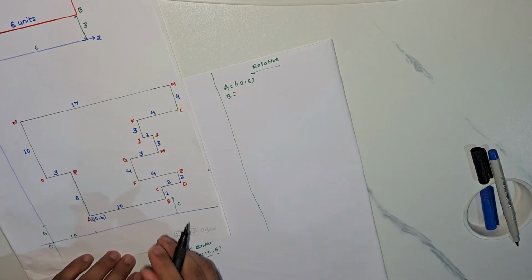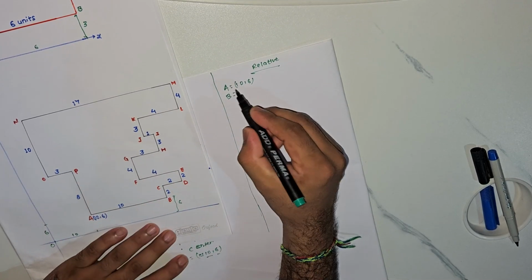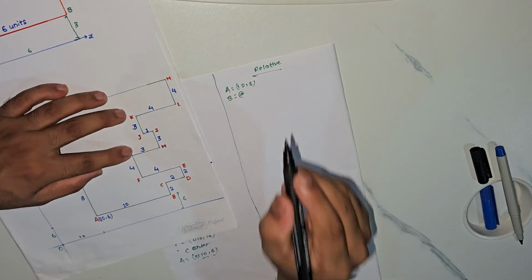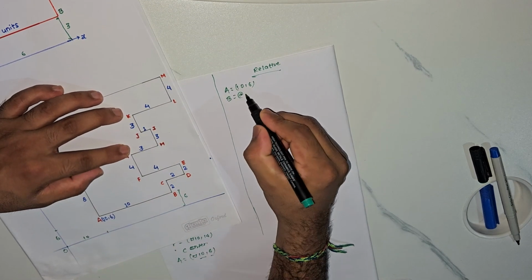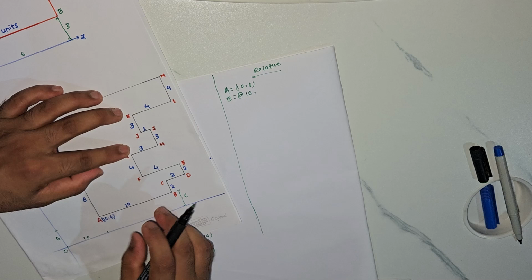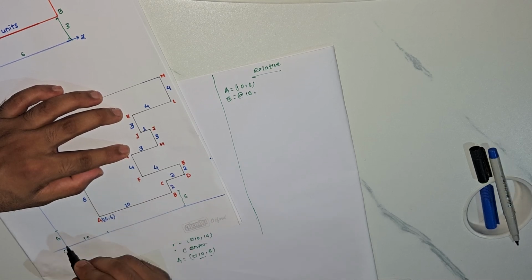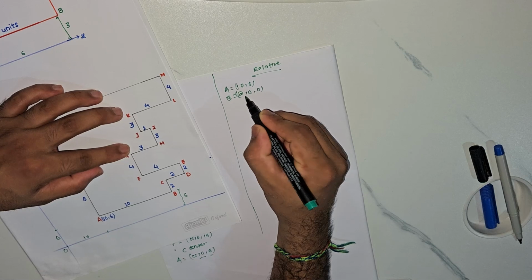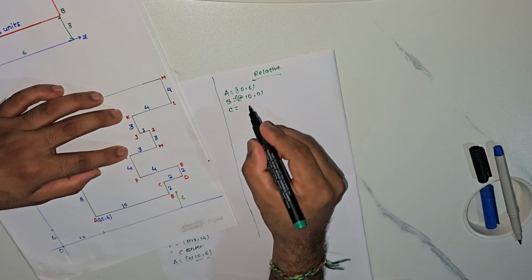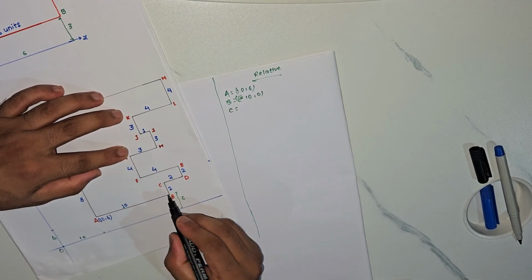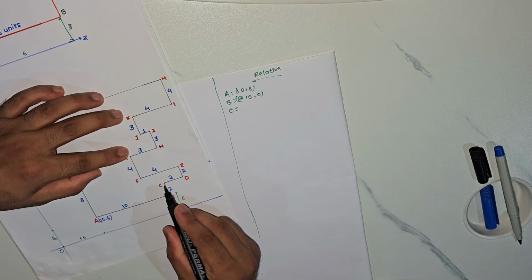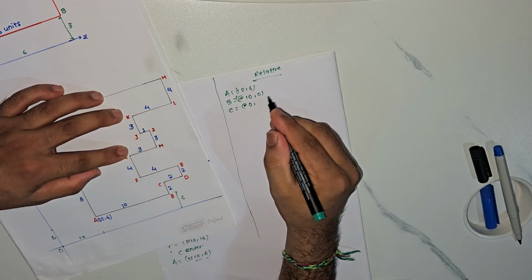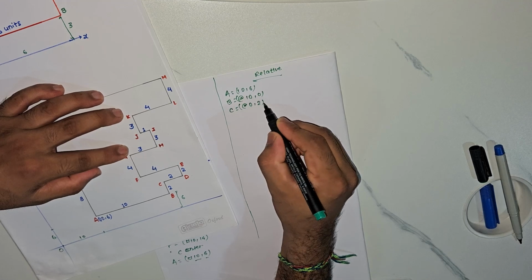B will be measured from A. So for that, @, because it is relative, we will put @, and the x distance is 10 comma the y distance of B from A, not from O now, B from A, the y distance is 0. And for C, the x distance of C from B is 0, but the y distance is plus 2, so this will be plus 2.